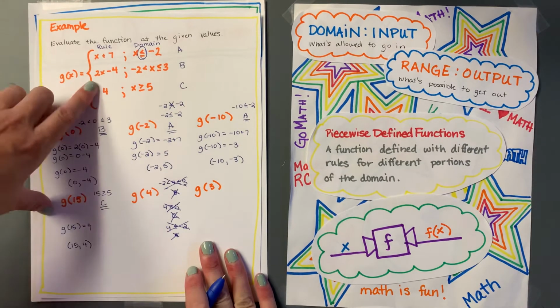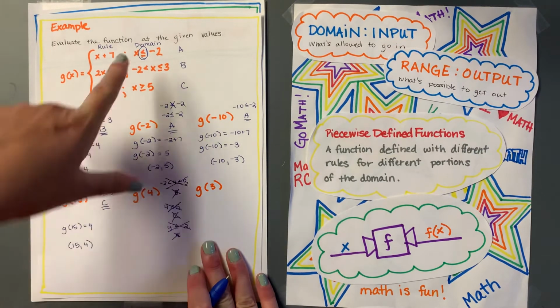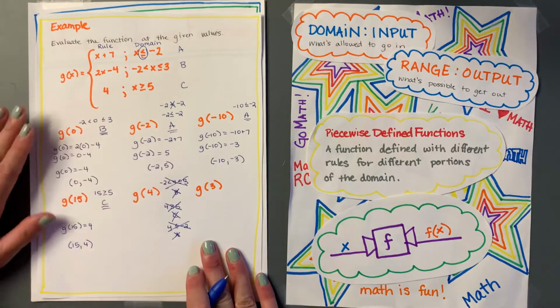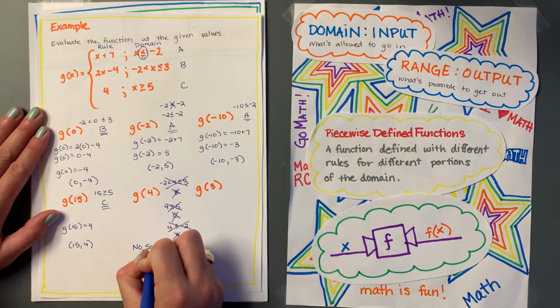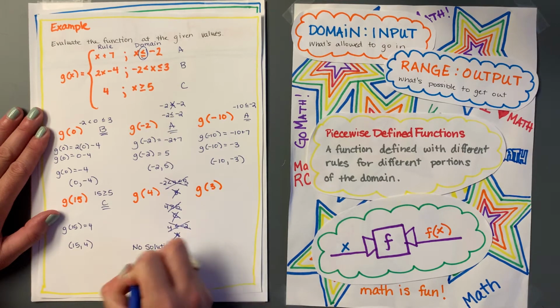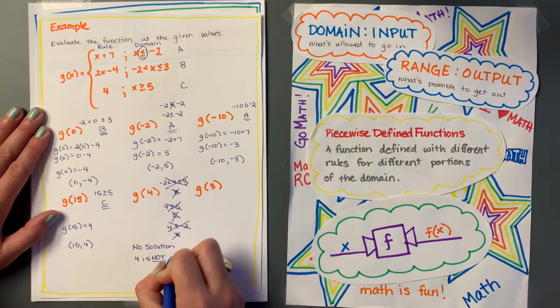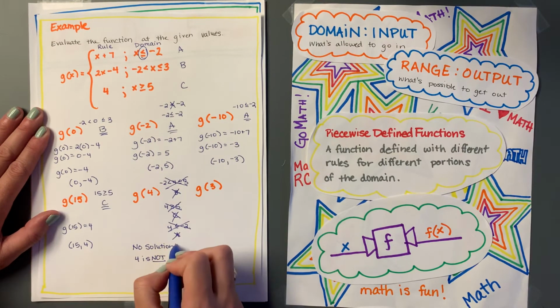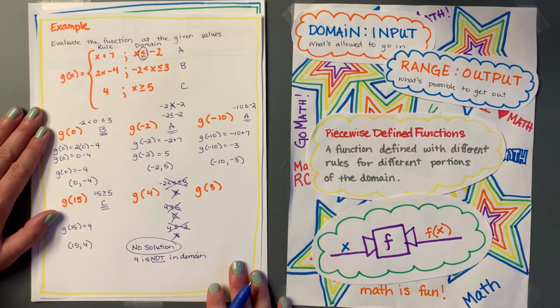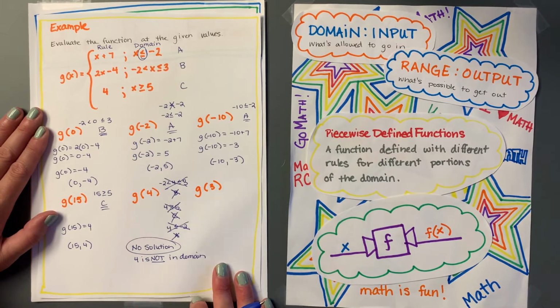What that means is that 4 is not included in my domain. So this has no solution. 4 is not in the domain. So no solution. g of 4 does not exist.